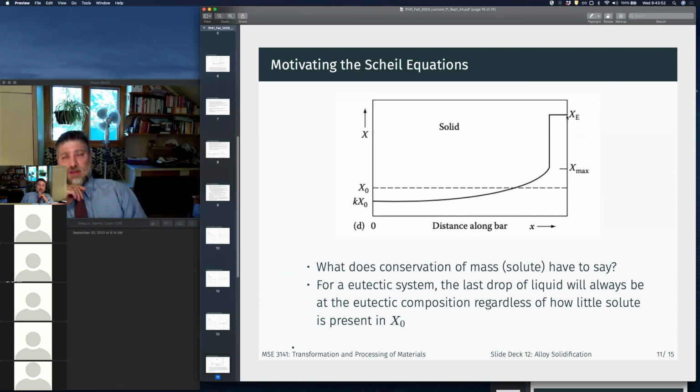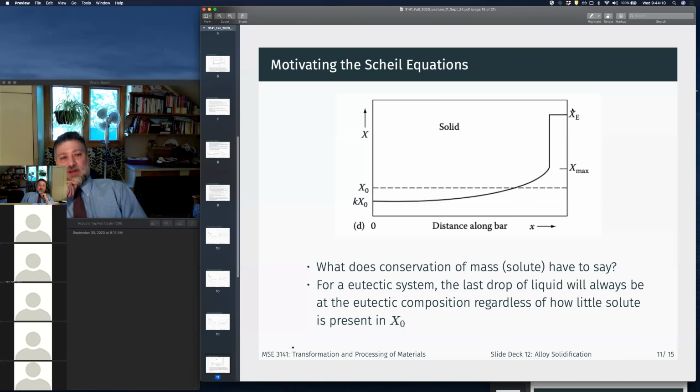Well, so there's a couple things, right? So the latent heat of fusion is going to depend on the composition, right? Because the Gibbs free energy of the solid and the liquid are going to be different, right? So that drop is going to be different.